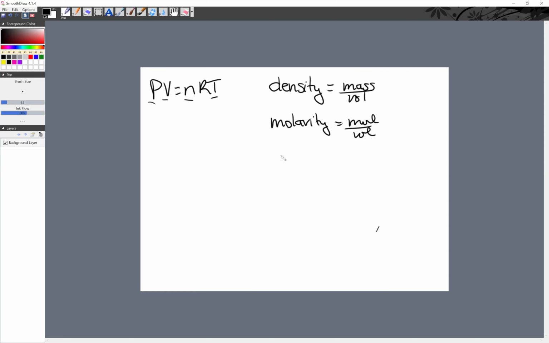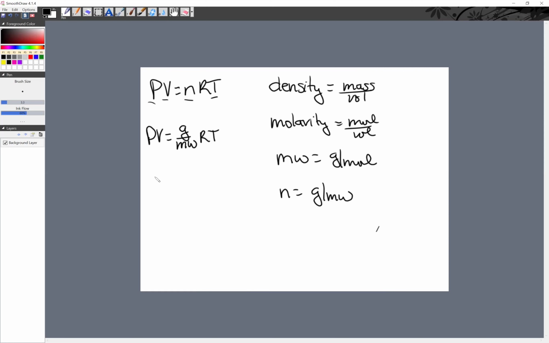Molecular weight is grams per mole. And I can get all of those things out of PV = nRT because PV also equals g over molecular weight RT. Because remember, n is the mass divided by the molecular weight. So I'm just replacing the variable n with g over molecular weight.